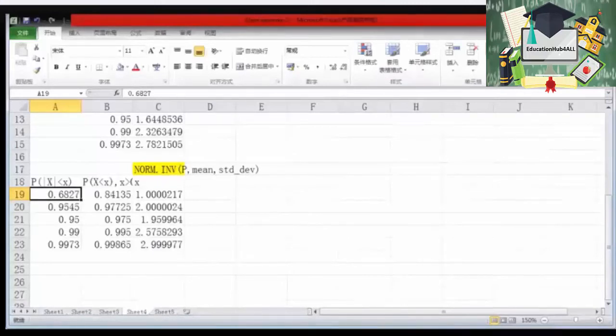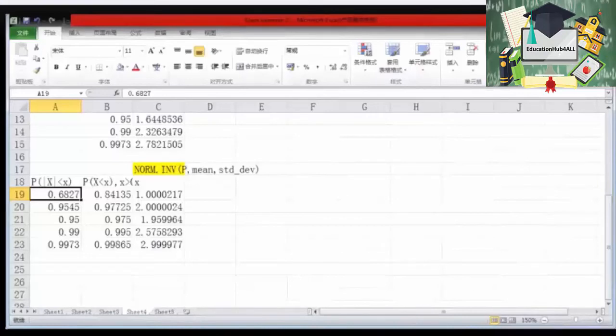Now let's say we want to find the x that gives us the probability in this area.